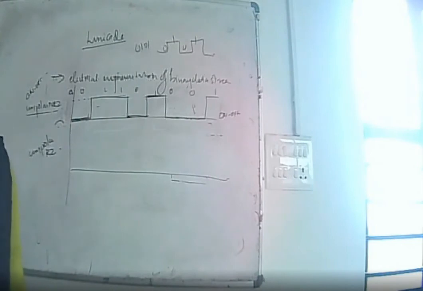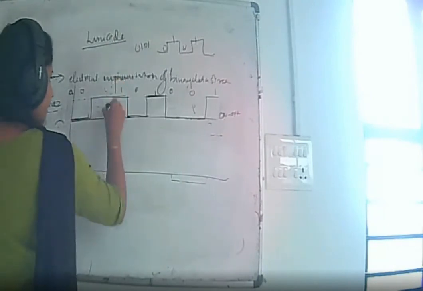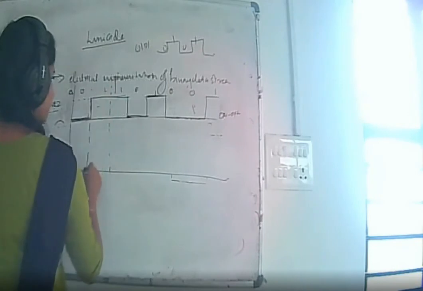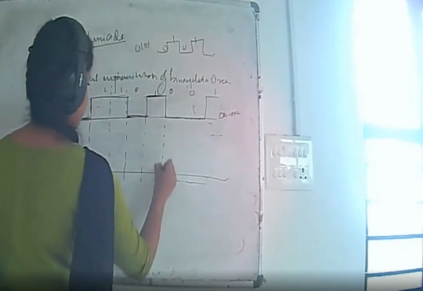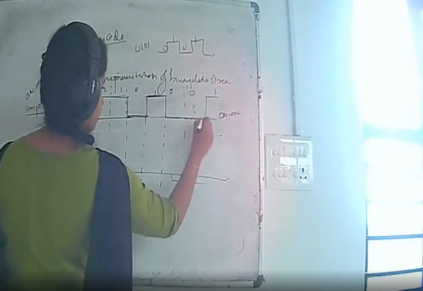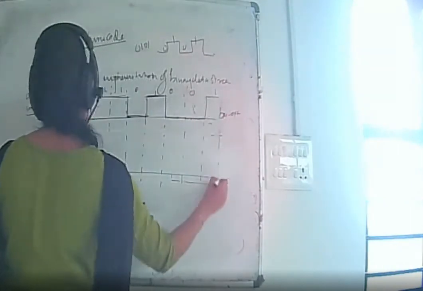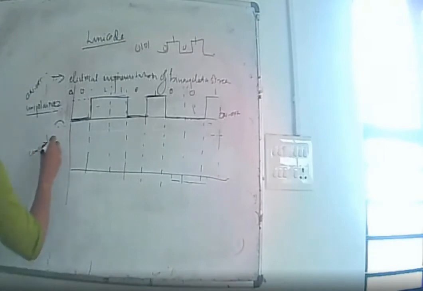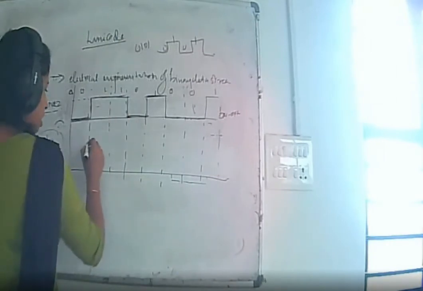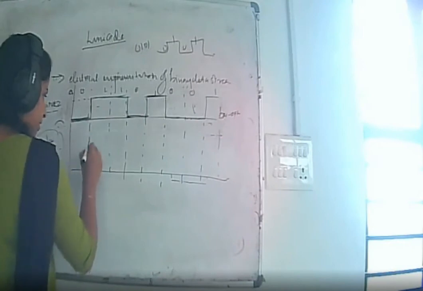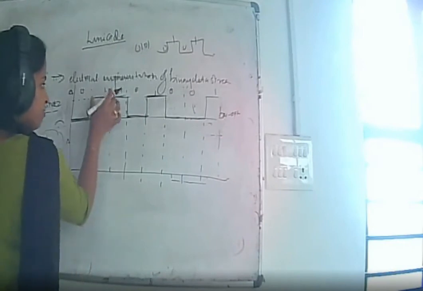Here in the case of unipolar return to zero, symbol 1 is represented by a rectangular pulse of amplitude A and half width. Symbol 1 we represent with amplitude A and half the width of the symbol.